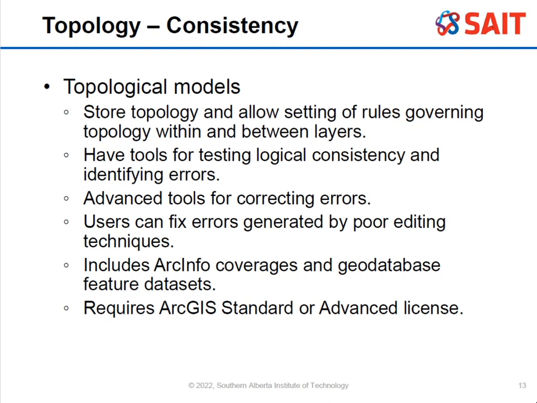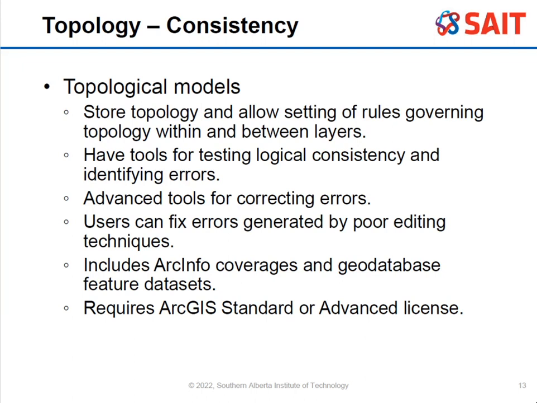and so you can fix the errors on your own, and it allows for that manual change, which I guess sometimes, depending on the user, can be a good thing or a bad thing. But there are poor editing techniques that have been done before, and then the user can check, find those errors, and fix it up. So the topological models include the coverages and feature data sets.